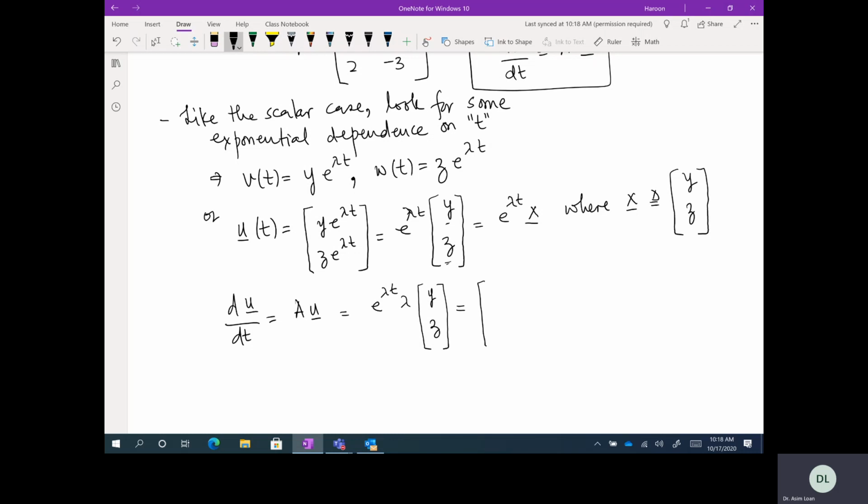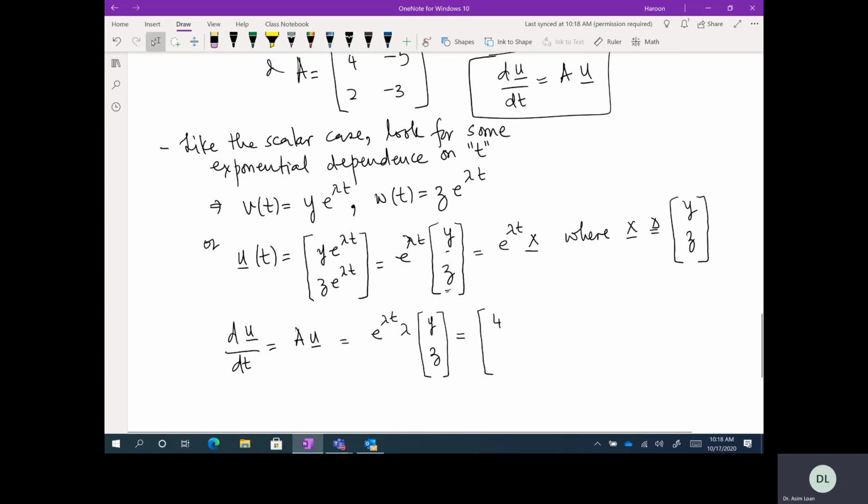And what is A? A is 4, minus 5, 2, minus 3. This, by the way, is simply the derivative over here, because u of t is e^(lambda t) x, so this is actually lambda e^(lambda t) x. So lambda e^(lambda t) x equals A times u, where u is y e^(lambda t) and z e^(lambda t).